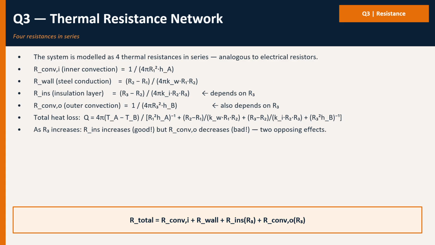Defining all four: firstly, inner convection, which is 1 by 4 pi R1 square into HA. Then steel conduction, (R2 minus R1) divided by 4 pi KW R1 R2, and the insulation layer, (R3 minus R2) divided by 4 pi Ki R2 R3. Similarly, for outer convection, we have 1 by 4 pi R3 square into HB.